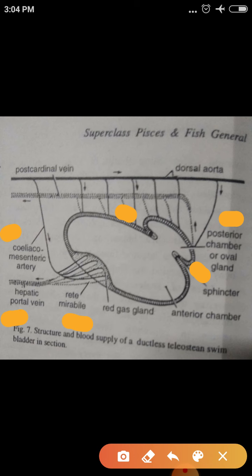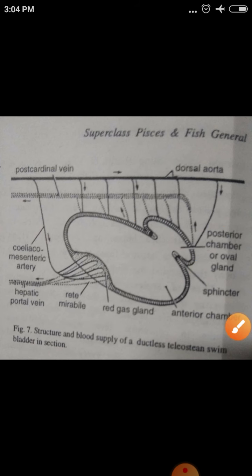In physostomous fishes with the air bladder connected to the pharynx by a duct, air can also be gulped or bubbled through the mouth. So this is the structure of the air bladder.